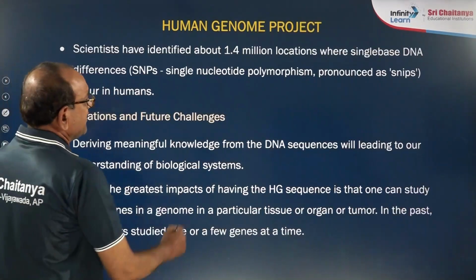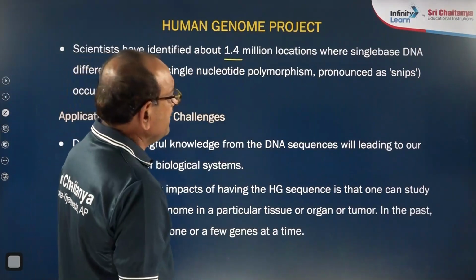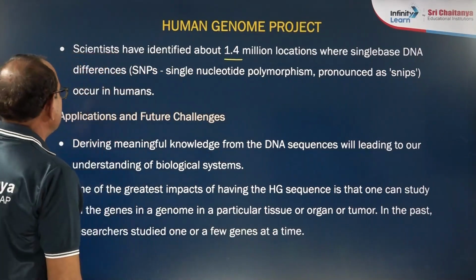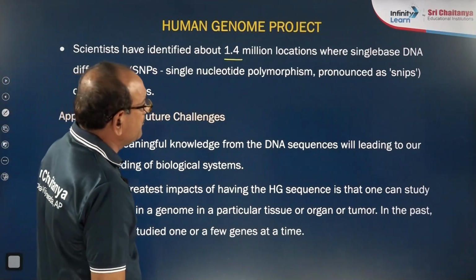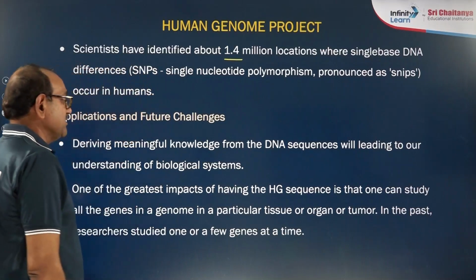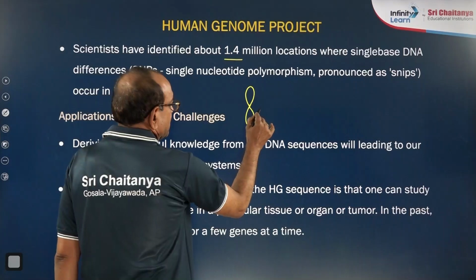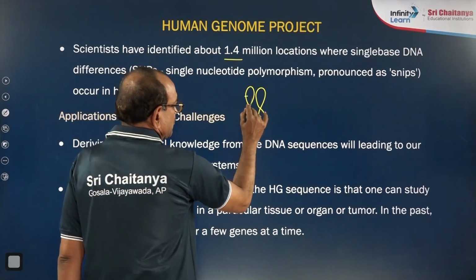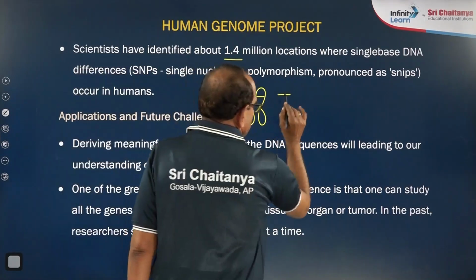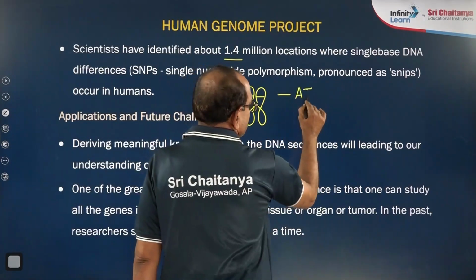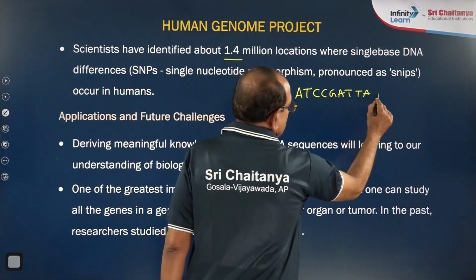Scientists have identified about 1.4 million locations where single base DNA differences, or SNPs, that is, single nucleotide polymorphisms, are present. What is a SNP? Suppose this is a pair of homologous chromosomes. At this locus, the DNA sequence is like this.